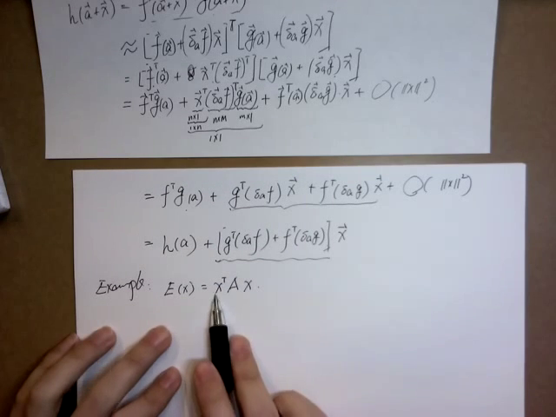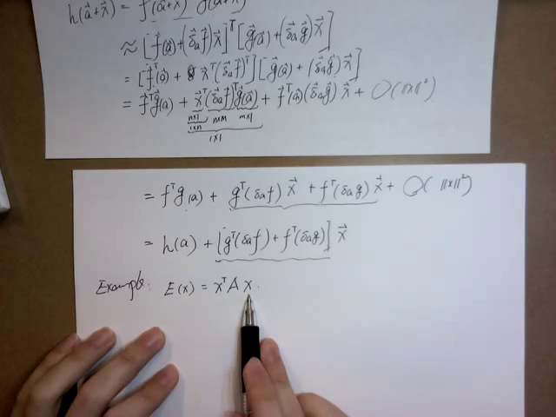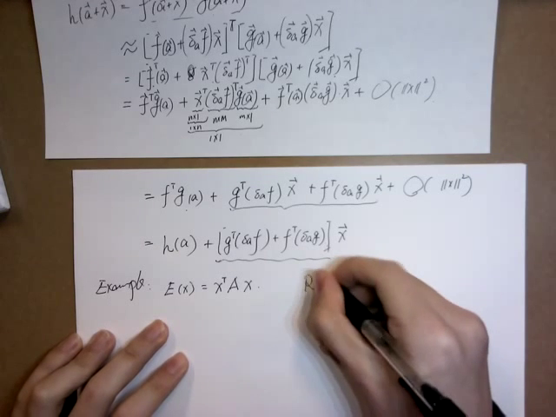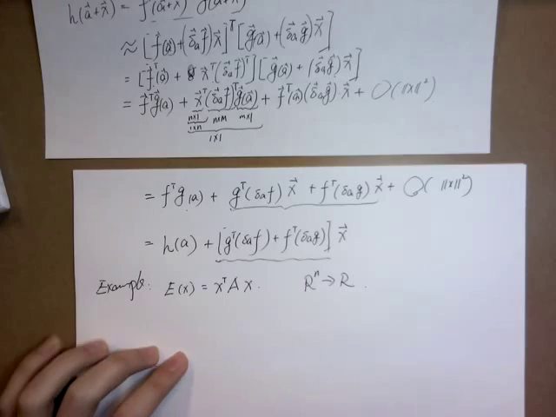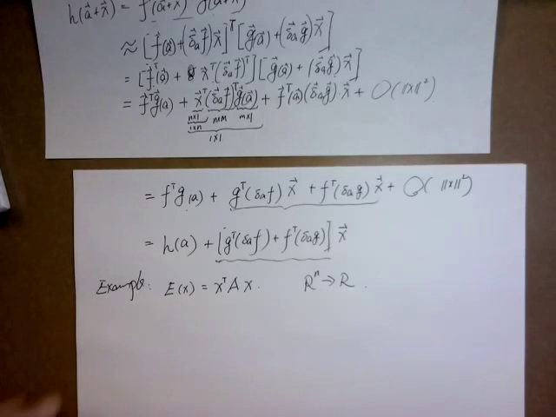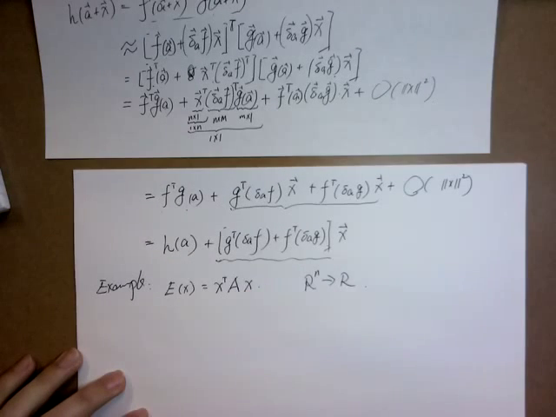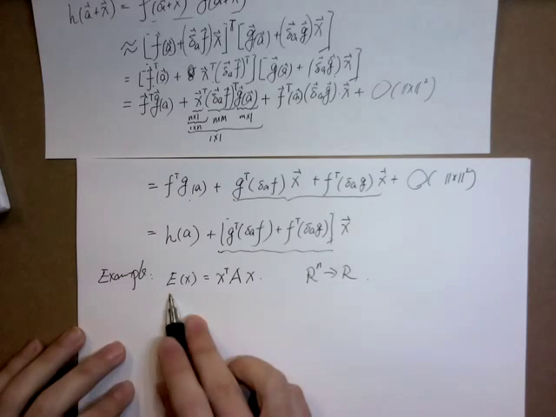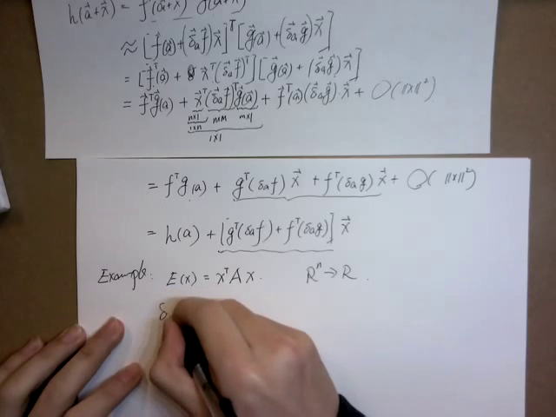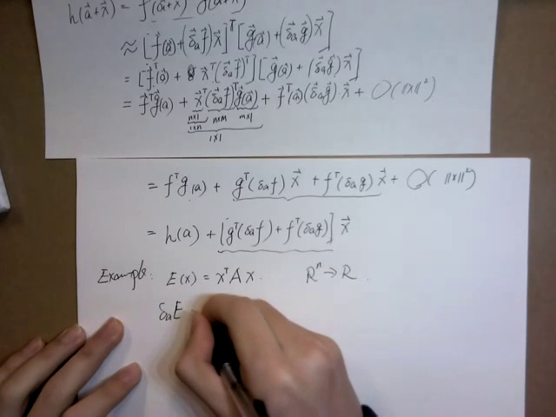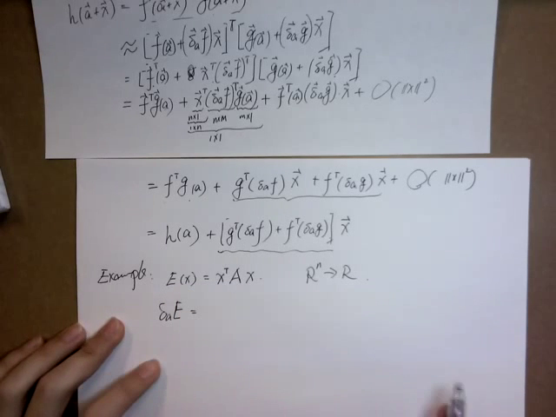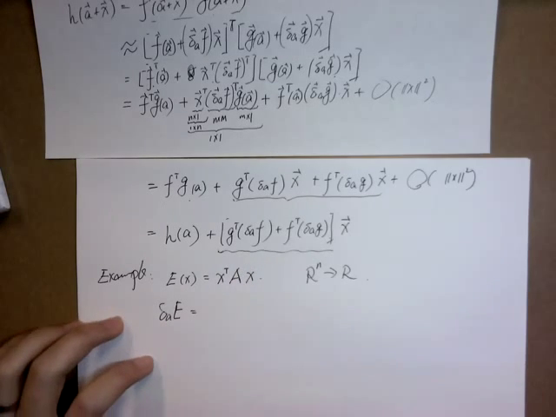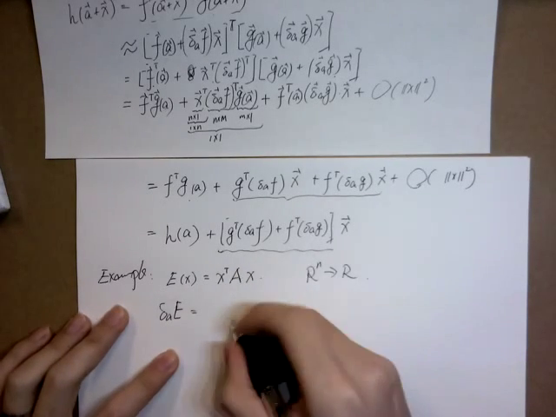So this is going to be a quadratic function over x, and it maps from Rn to R, and it's usually used to represent some quadratic energy. So if I want to get the derivative of E near point A, what will it be? I can just use this equation.